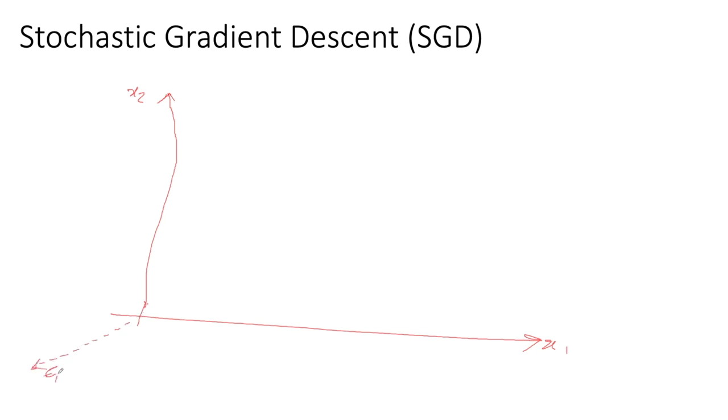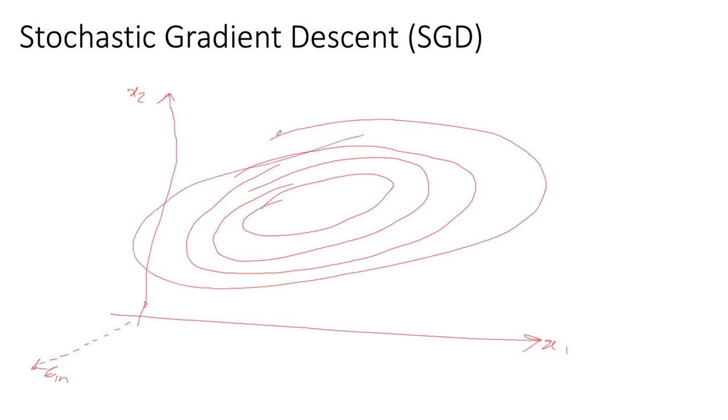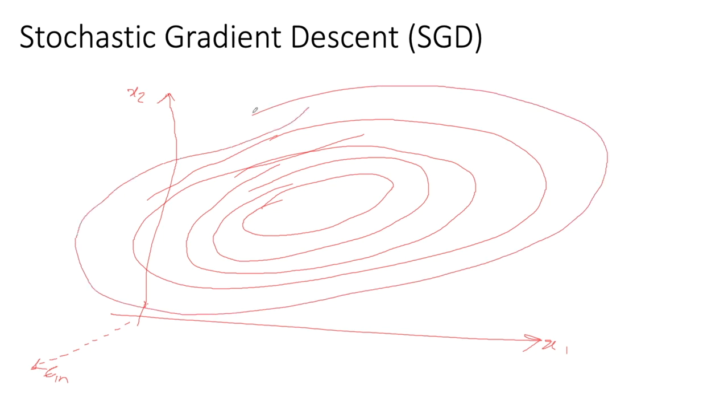So if you draw the optimization space, that would be something like this, and so on and so forth. Okay, and that would be your global minimum, right? Using gradient descent, which we talked about last session.